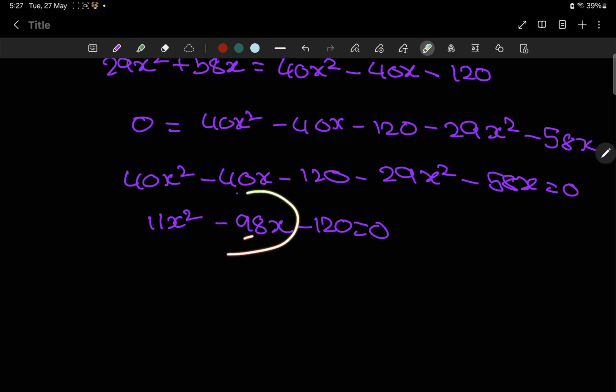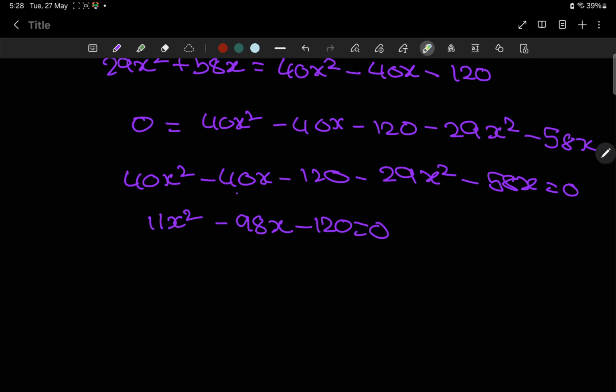Now we have to factorize this 98x. So how can we factorize it? So first see what is 110 into 12. First of all, before doing this, we have to multiply a, means 11, with c, which is 120.